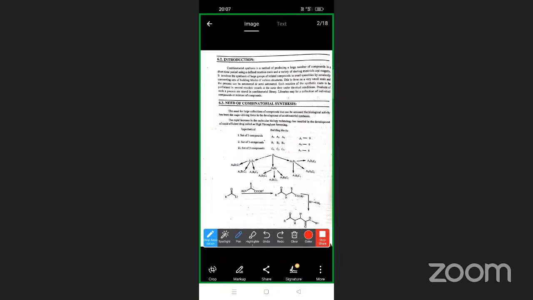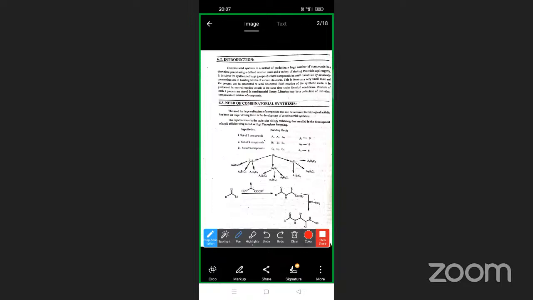So in a short period, you will get a large number of compounds, right? We call these chemical libraries, or synthetic libraries, meaning the compounds produced by combinatorial synthesis are called synthetic libraries here. You can see how we get this large number with this example.